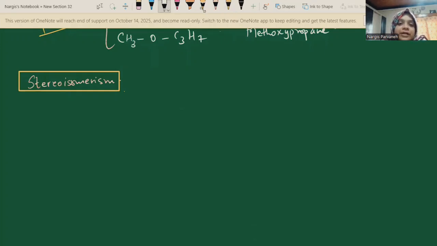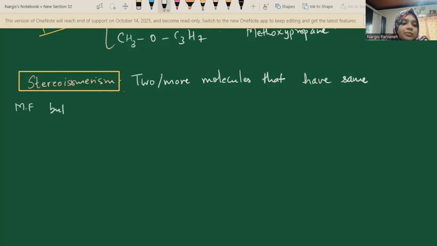Okay, so right there, two or more molecules that have same molecular formula, but they are arranged differently in space.